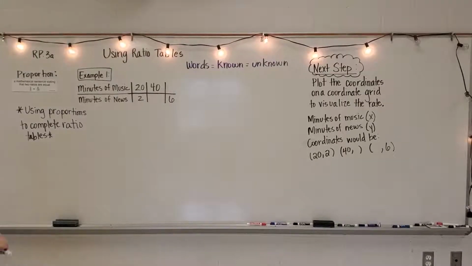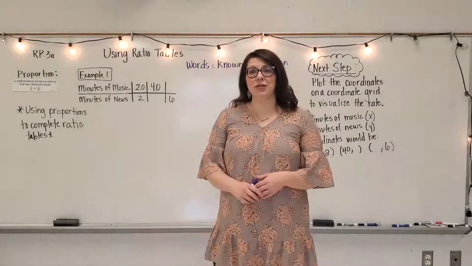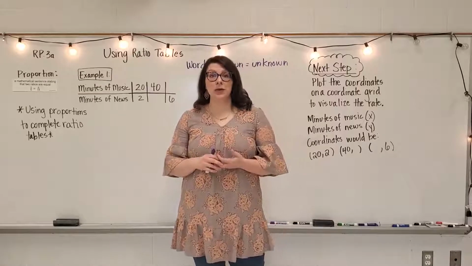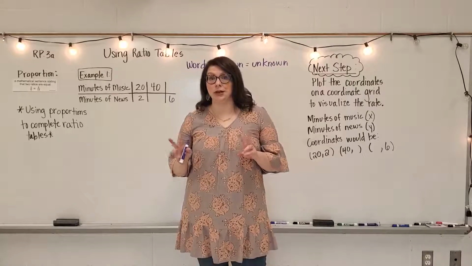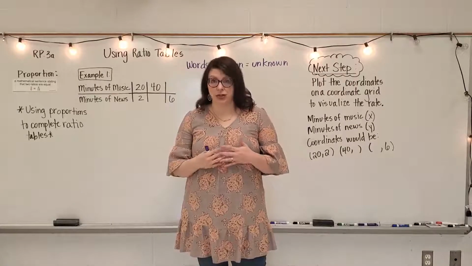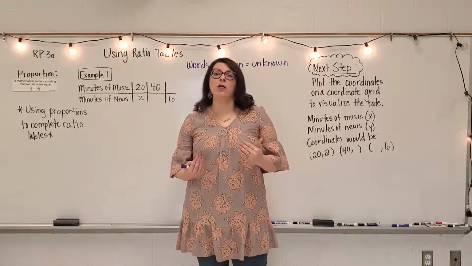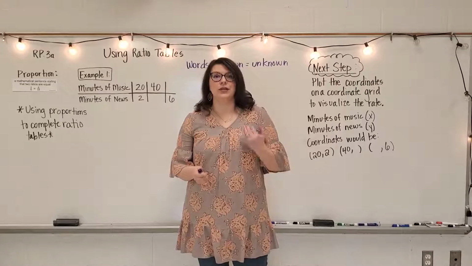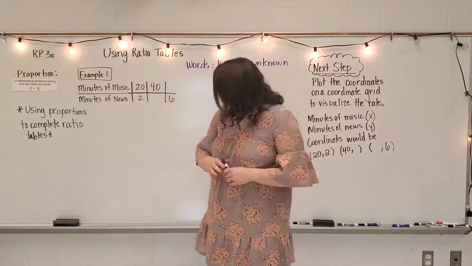Hey, 6th grade. Today we're going to continue our discussion on RP3a and use those proportions to solve ratio tables. If you'll remember from our previous video, a proportion is when two ratios are equivalent to each other. So we can use that setup to solve for any missing numbers or values in a ratio that has the same rate, okay?